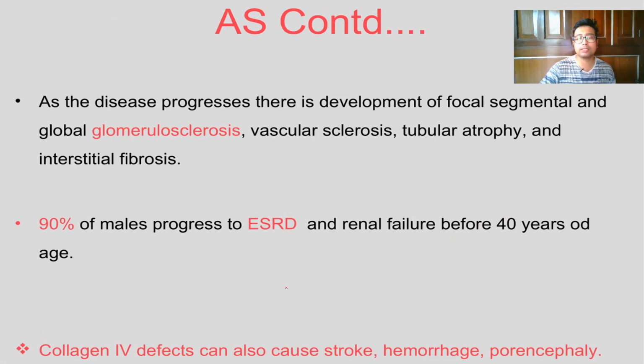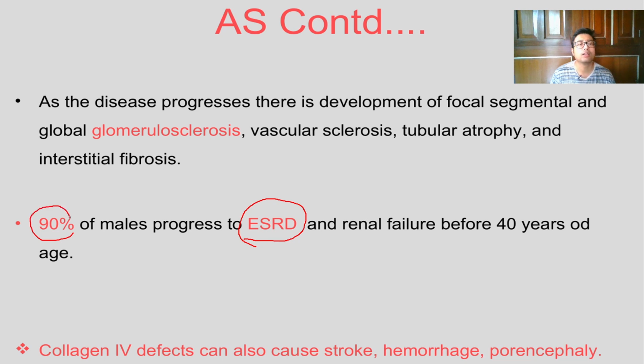Now Alport syndrome, if you are to select one disease which leads to end stage renal disease, ESRD, stage 5 kidney failure, a very grave disease in which the patient will need dialysis and renal transplant, one disease you need to check is Alport syndrome.